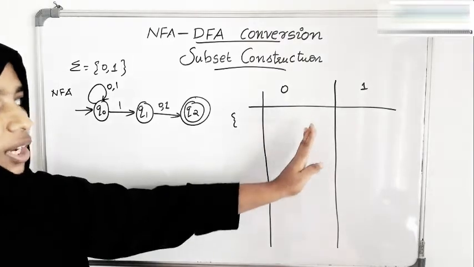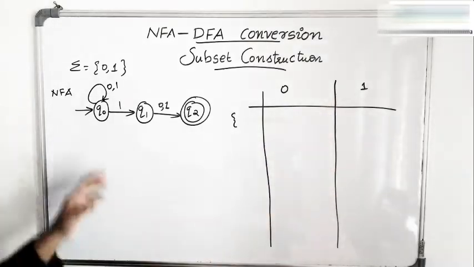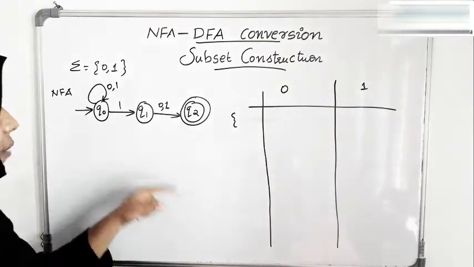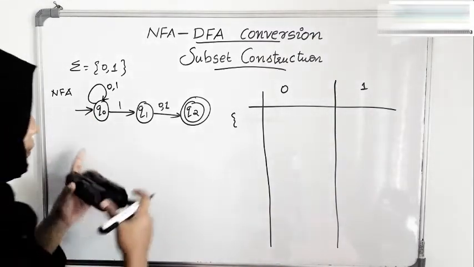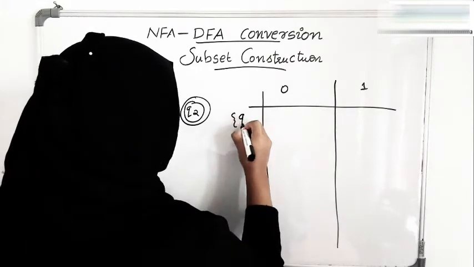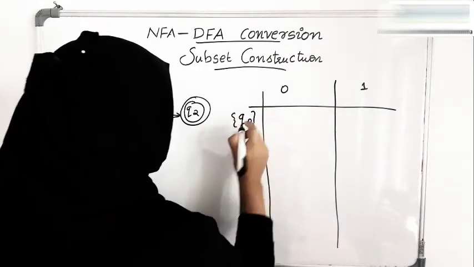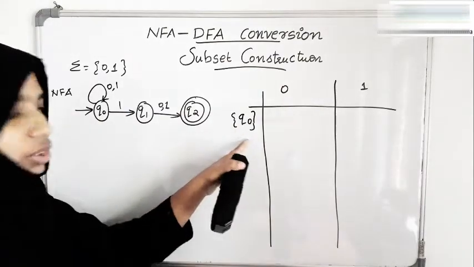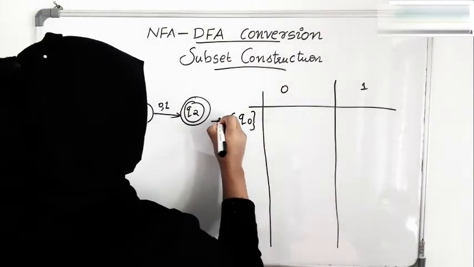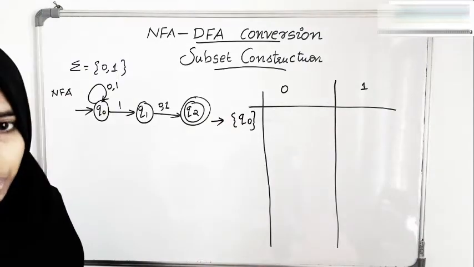The start state of the NFA is Q0, so the set containing the start state of the NFA, that is the set {Q0}, will be the start state for the DFA. Now we will see how this works.